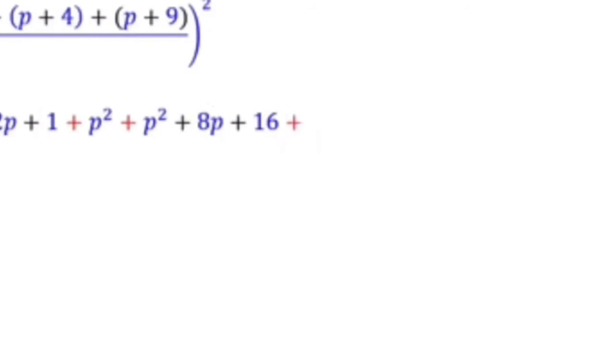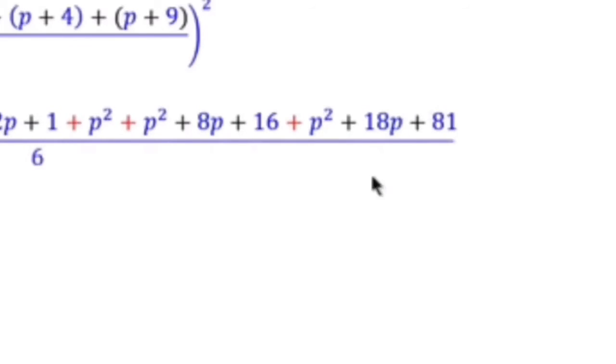Then p plus 9 squared: we take the first term p squared, then 2 times 9 is 18, so p squared plus 18p, and 9 squared is 81. The first term you perfect square, the middle term you take 2 times the numbers, and the last term you perfect square.